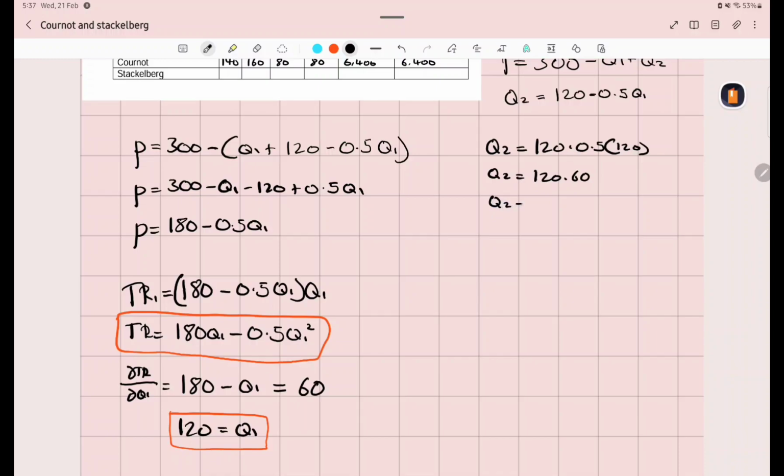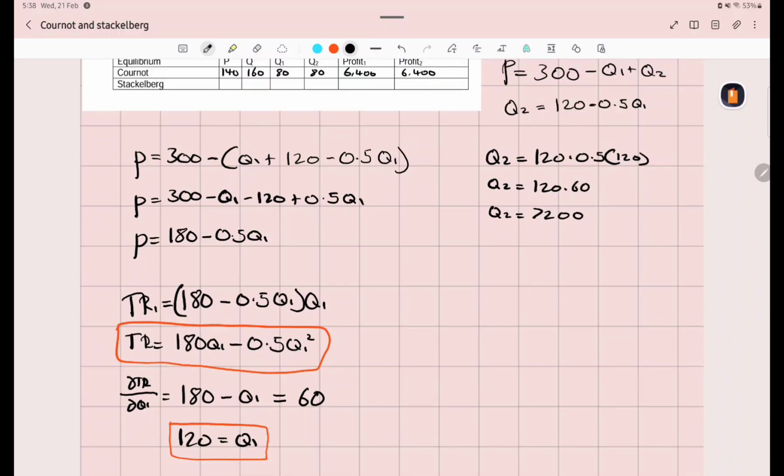120 times 60, 12 times 6 is 720. Just double check that. $7,200, sorry, that was an extra zero. So obviously it's not multiplied. That would be ridiculous. You would always want to be following.